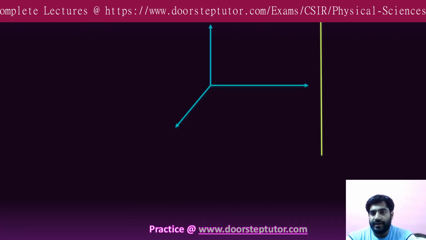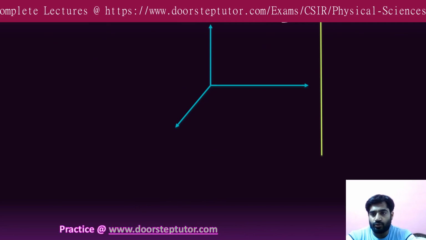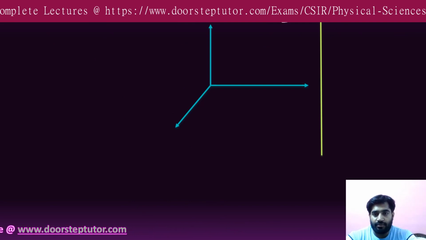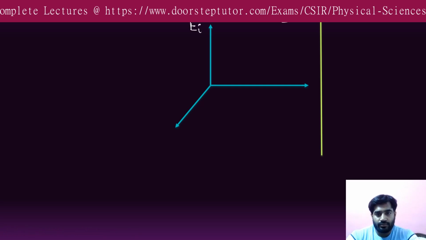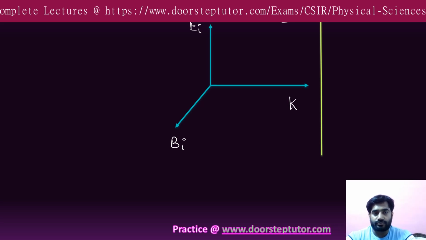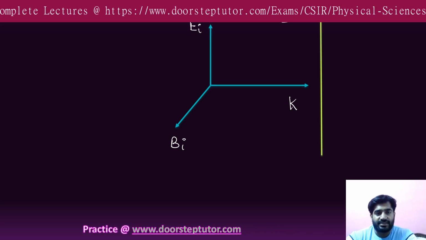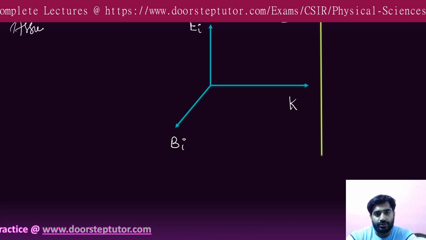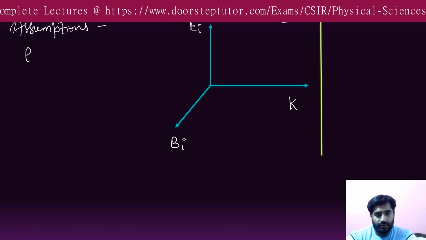Here we consider two mediums, medium 1 and medium 2, and this axis is about the electric field incidence. This is the magnetic field incidence, and this is the k direction in which the EM wave is moving. Now we have some assumptions: rho phi is 0, J phi is 0.